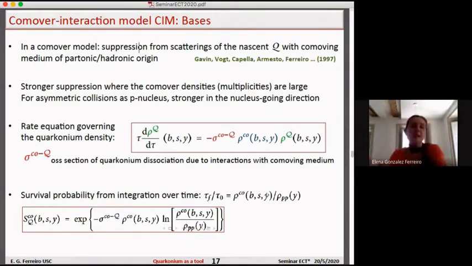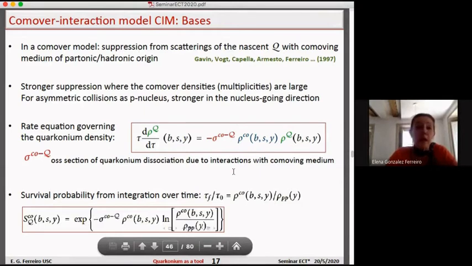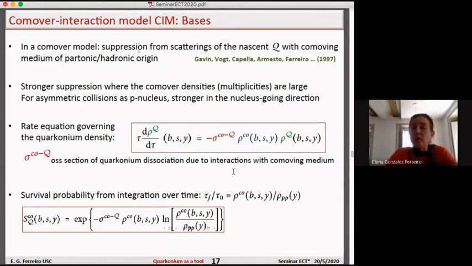So the last density is going to be the minimum bias density obtained in proton-proton at the same rapidity and the same energy as the nuclear collision that you are studying, since at that moment we considered that this model was not applied in proton-proton. In proton-proton, the density of comovers was not high enough to produce that kind of effect. And here you put the initial densities of the pions that are produced. We do it with a Monte Carlo, but you can even take these numbers from the experiment.